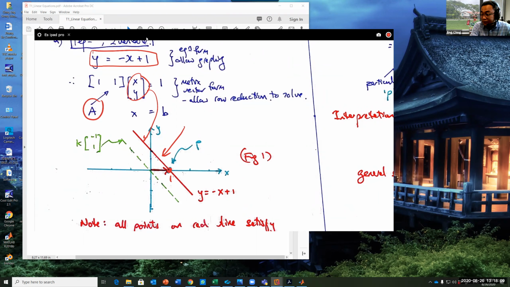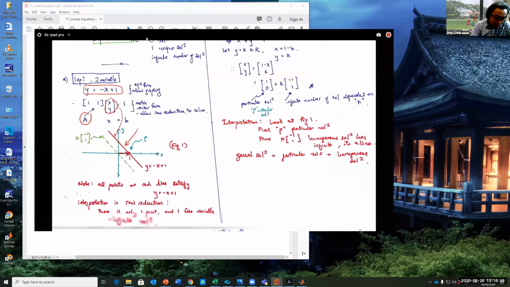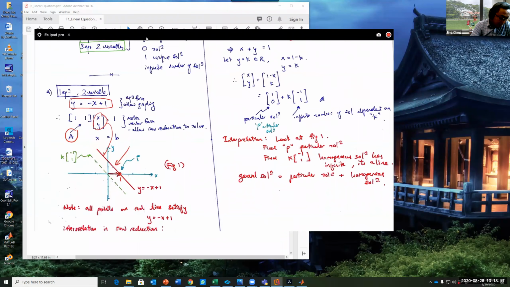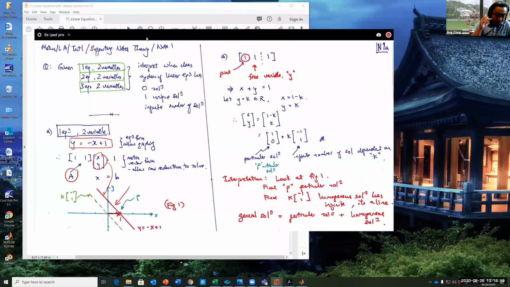In this first example, I have just shown you that it is infinite. And the take-home message, why is it infinite? Because there is one pivot and there are two variables, implying there is one pivot and one free variable.